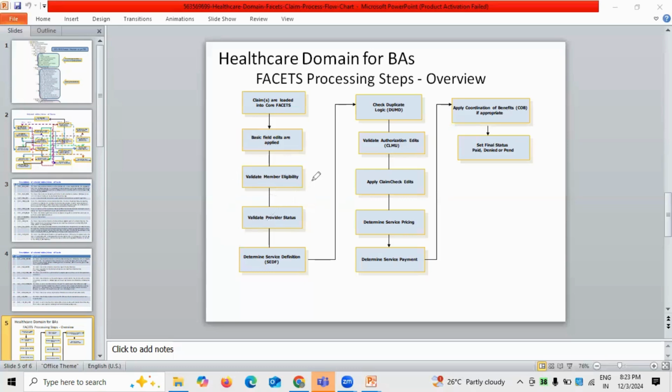Understood? Clear? Right? So once they have identified and validated the provider status, they need to determine the service definition. Service definition means what kind of services the provider has given to the patient.